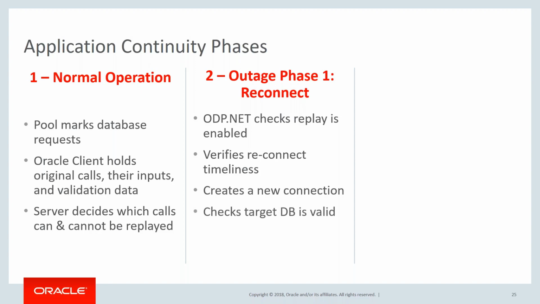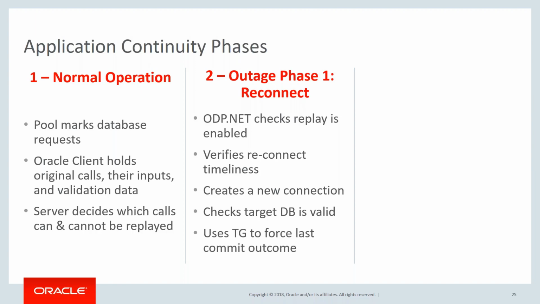and then check if the target database is valid. It will want to know if the same schema is there and the same kind of server is there, if it's a valid database target, because obviously you don't want to be connecting to a service that doesn't have the same exact profile as the one that originally had the problem. And then you use Transaction Guard, abbreviated here as TG.